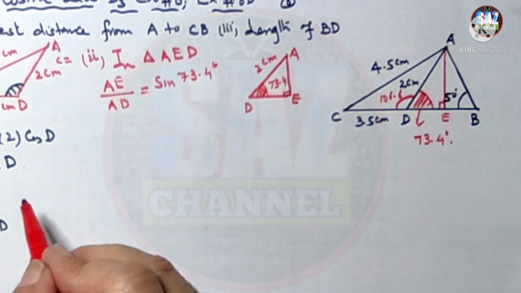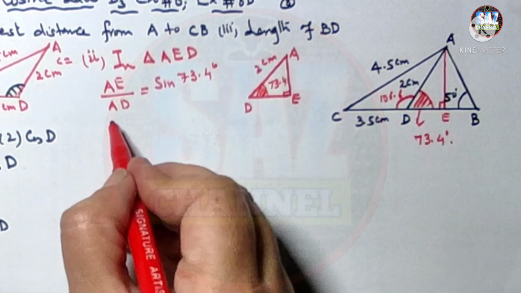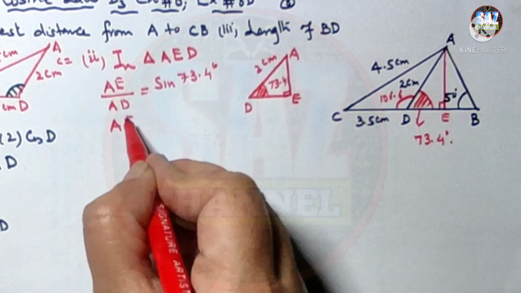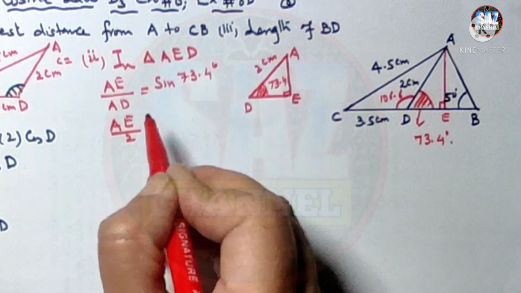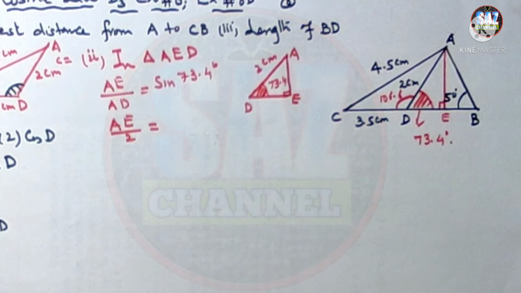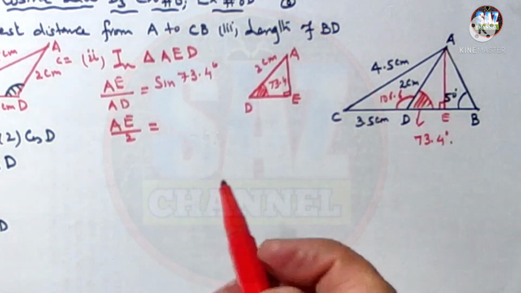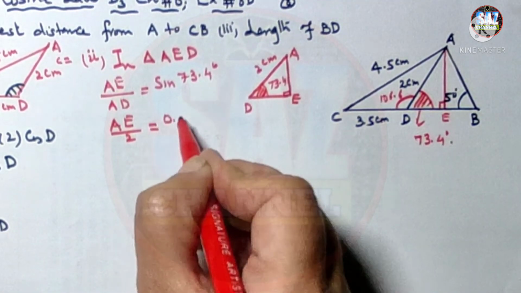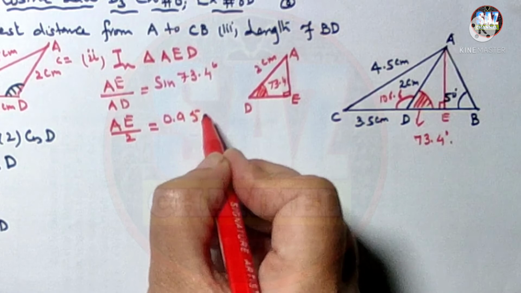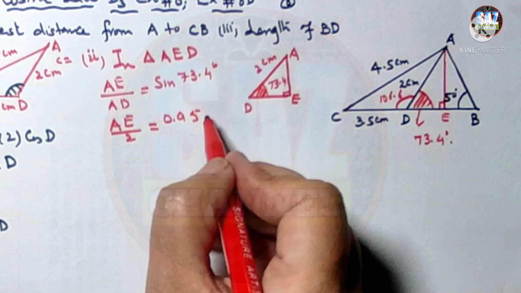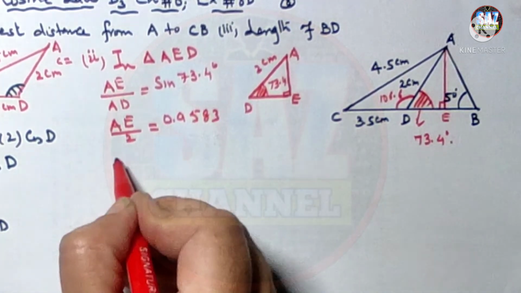73.4. Now AE is unknown, which is the requirement of the question, so AE by 2 equals sine 73.4 degrees, and this gives me 0.9583.